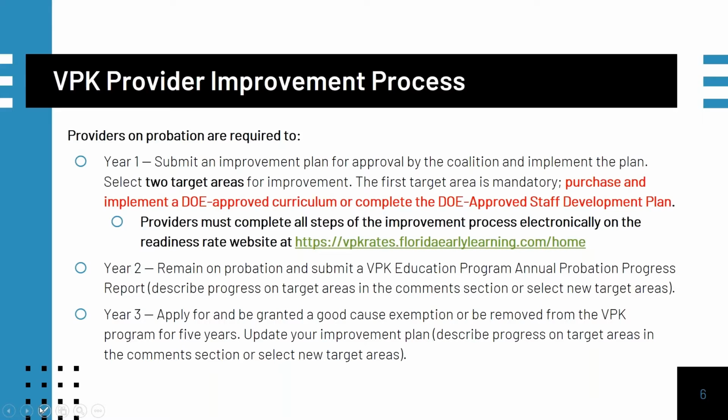If that's the case and you want to learn some more information about exploring the different target areas, this is the perfect webinar for you to attend, because you'll get to hear some more information about those other target areas.